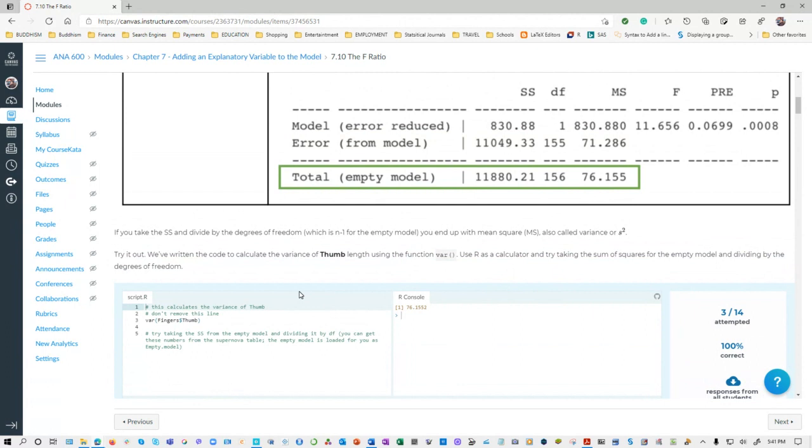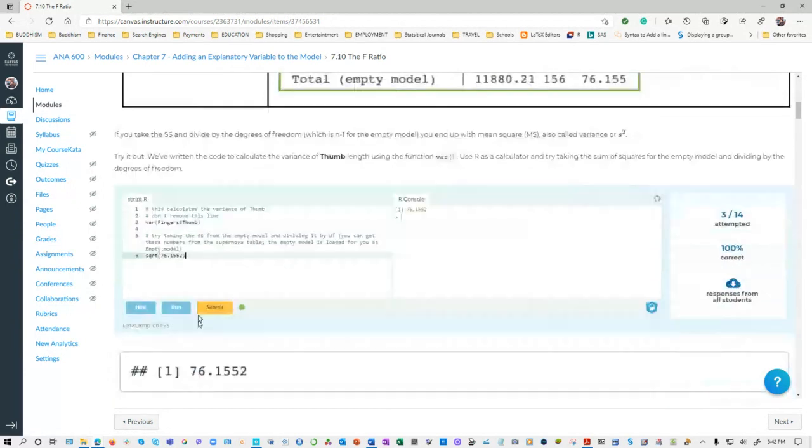So this is very interesting. If you take the square root of this one, the square root of 76.1552, that is something. Okay, let me see.